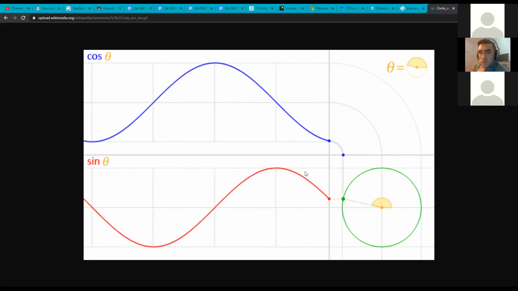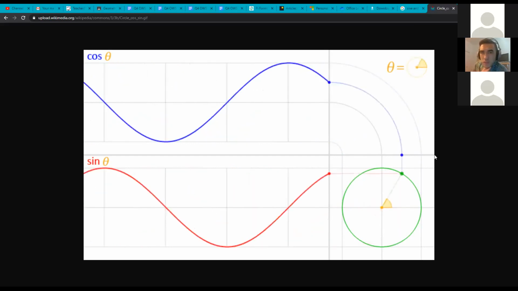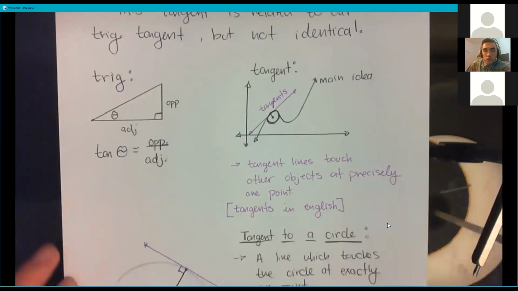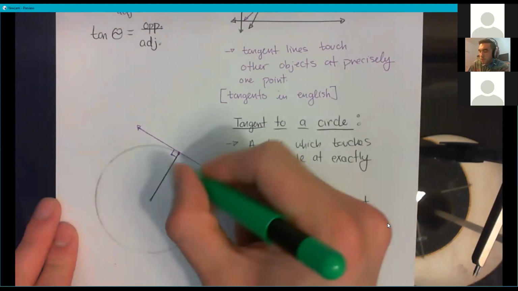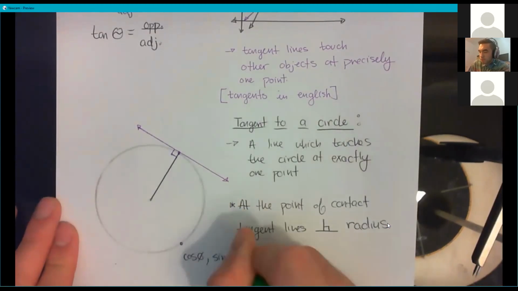As you go around the edges of this circle, the x values become cosines, the y values become sines. Here's how this unites our two definitions of the word tangent. Every single point along a circle is an ordered pair that would give us back cosine theta, comma, sine theta.